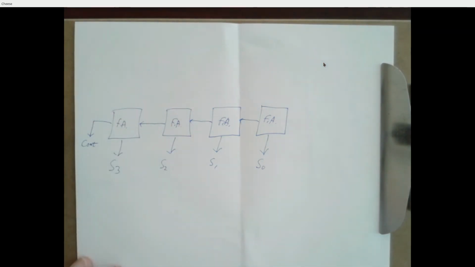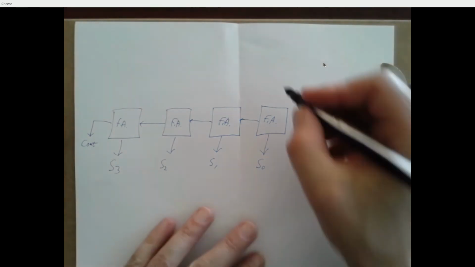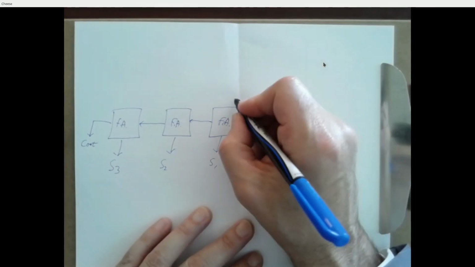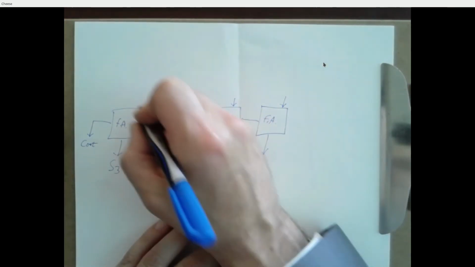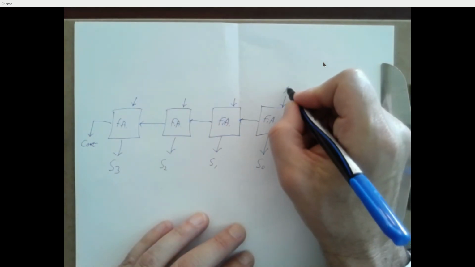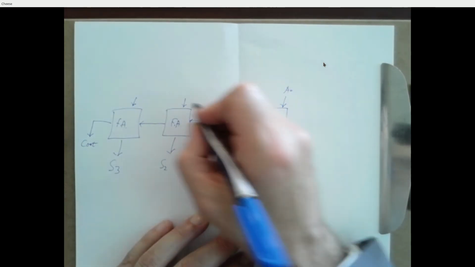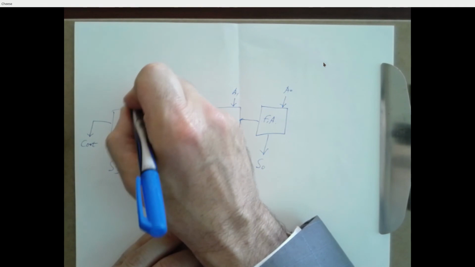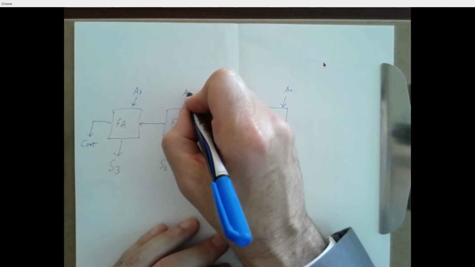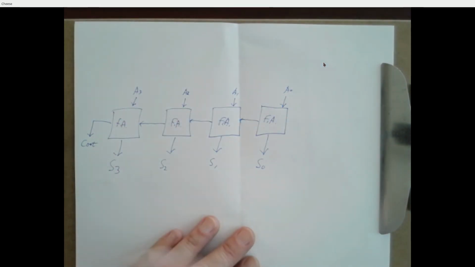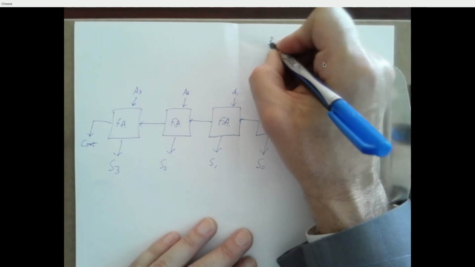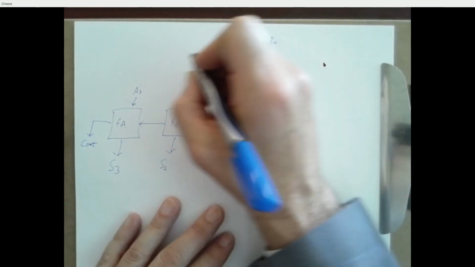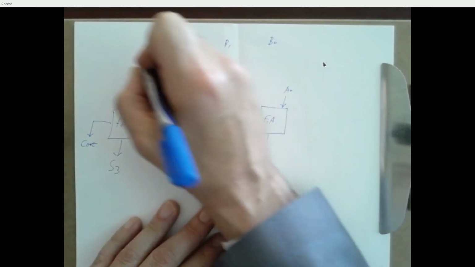We'll just make that last carry out available if somebody wants it. And we have a pair of inputs on each. So this is A0, A1, A2, A3. And up here I'm going to have B0, B1, B2, and B3.